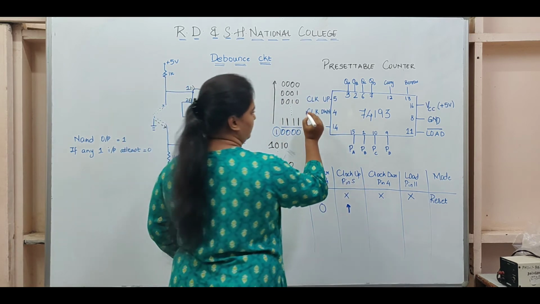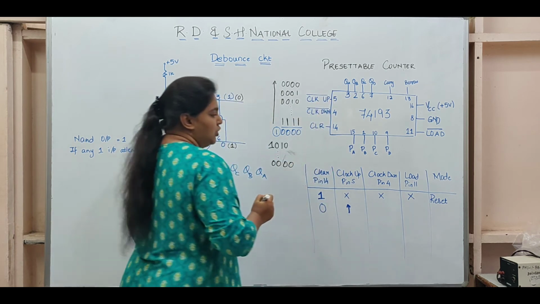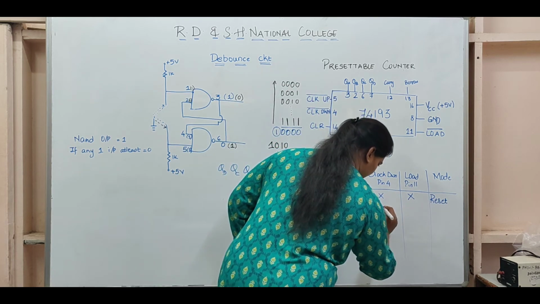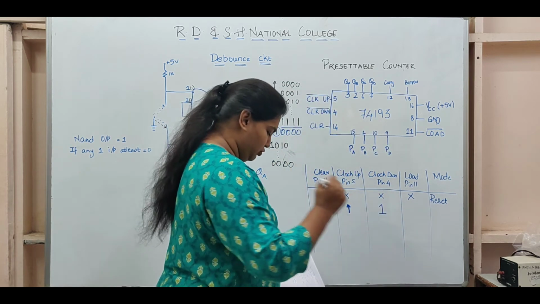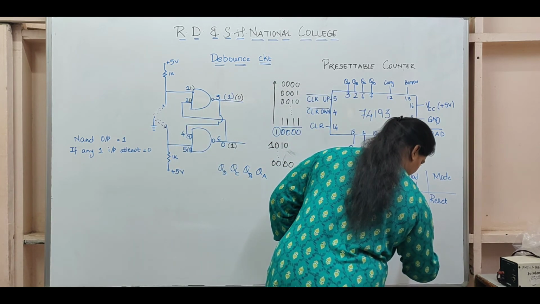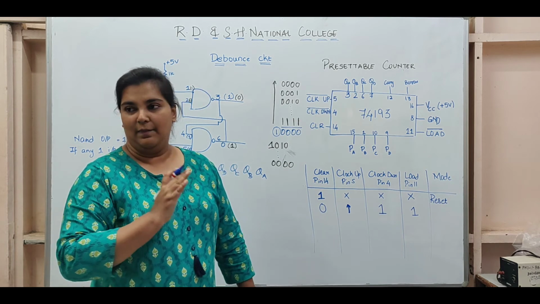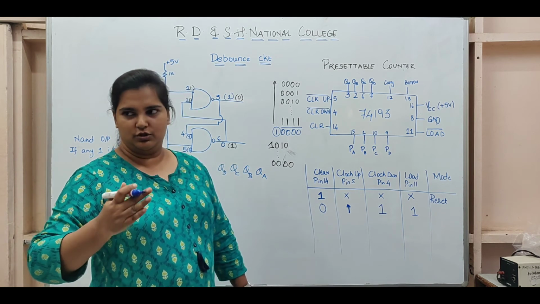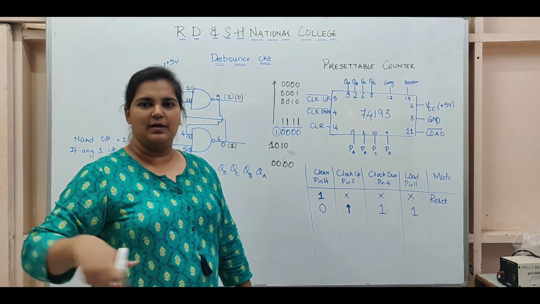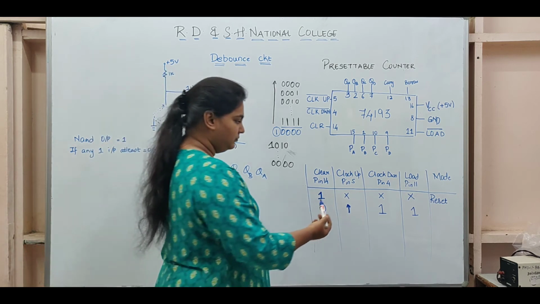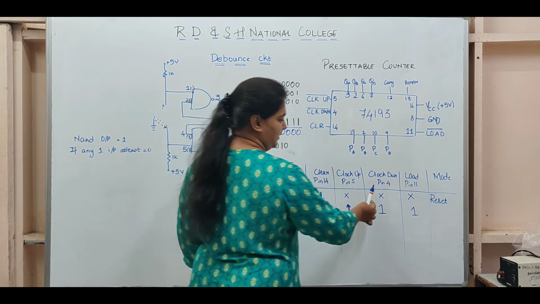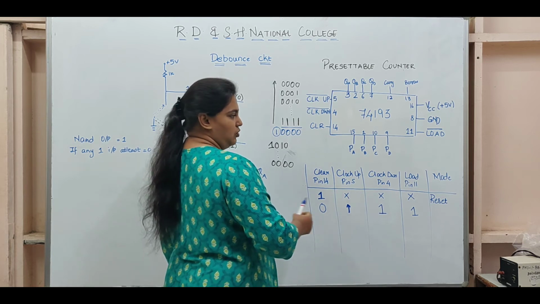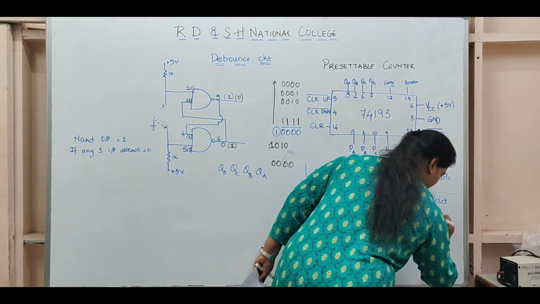Each of these are active low pins, so I will hold my clock down at high value, and I will also hold my load pin at high value, because I am using only the up counter, not preset. So I go from 0000 up to 1111 and again back in the same procedure. I am applying my clock pulses at clock up pin 5. So in this scenario, we will have up counter.